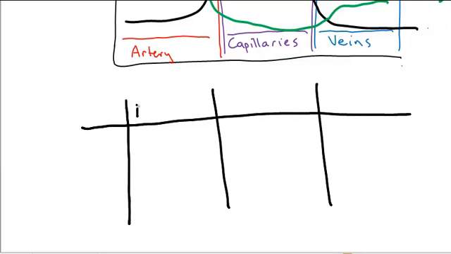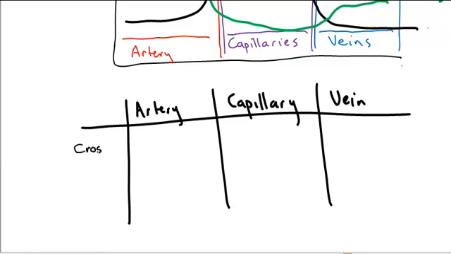So we can go artery, capillary, vein, and we can look at, first of all, cross-section area. We don't need absolute numbers, we just need what is the relative amount.